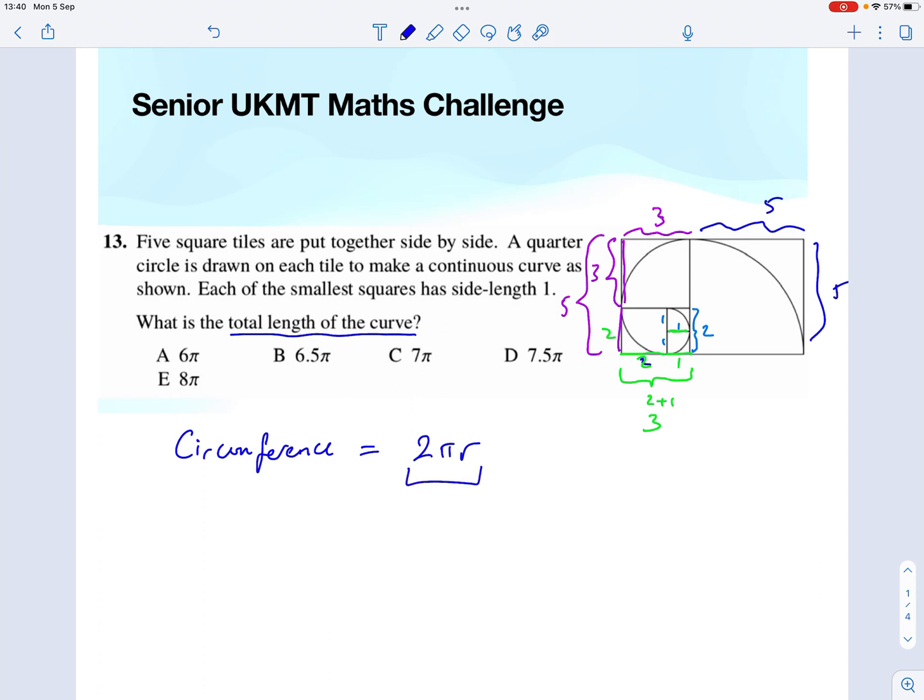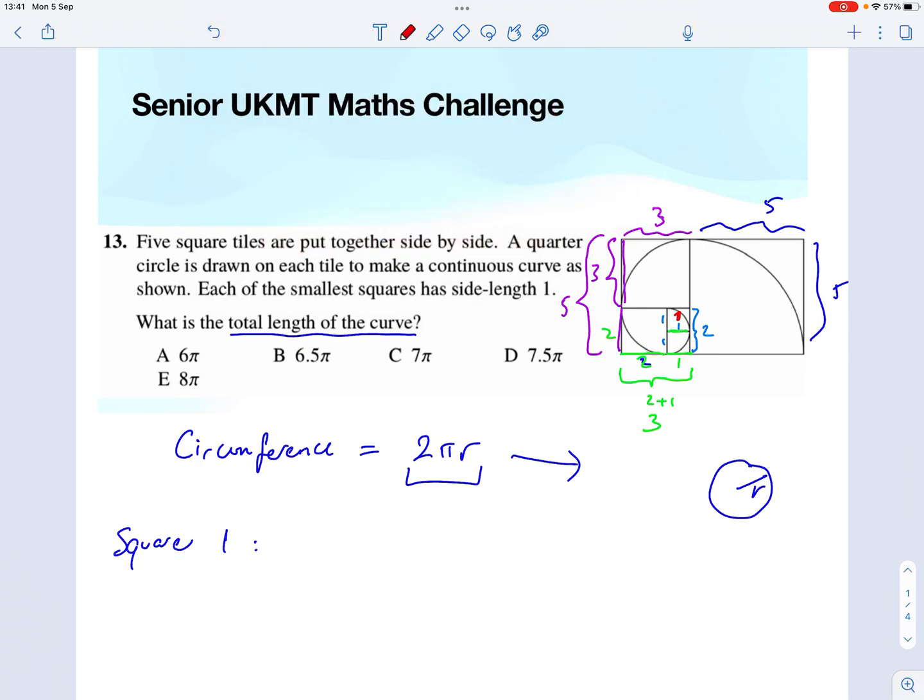Okay. So if we apply that on each square, let's start with square number 1, the smallest squares. Square 1, it's not going to be the full circle, right? This 2 pi r is for a full circle with radius r.